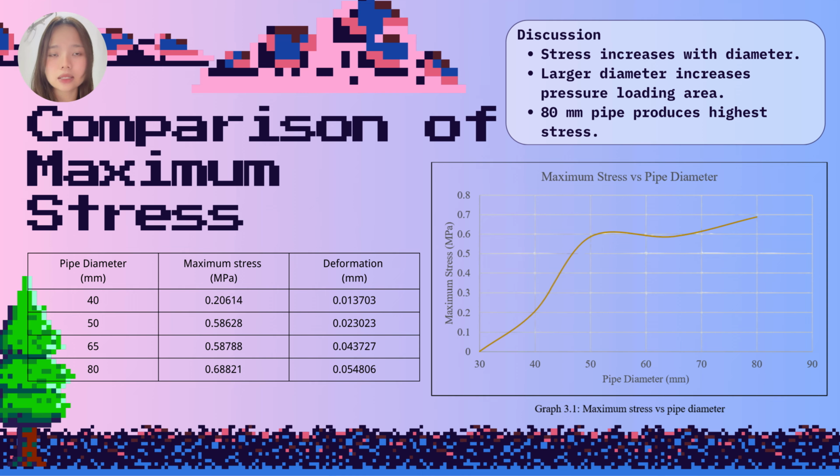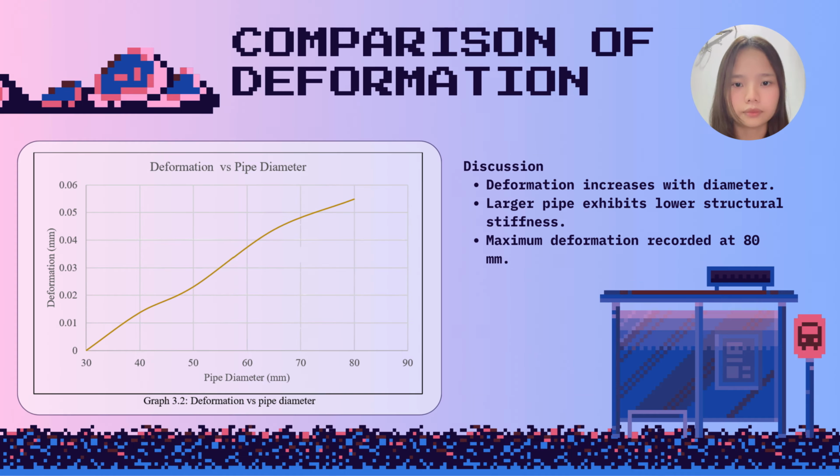The highest stress is recorded for the 80 mm pipe, which is 0.688 megapascal. These trends show that larger pipe diameters experience higher stress because a larger internal surface is exposed to the fluid pressure. As a result, the structural load on the pipe becomes greater. Therefore, the 80 mm pipe produces the highest stress among all the pipe diameters investigated.